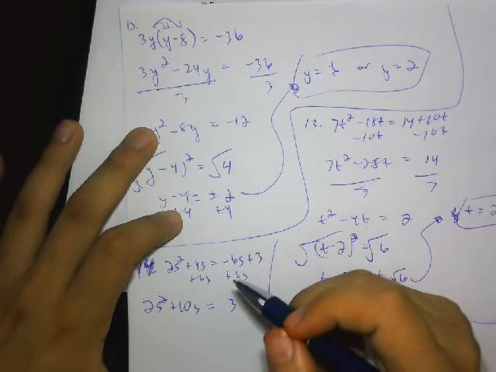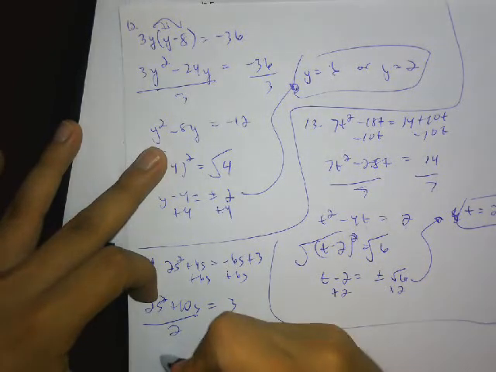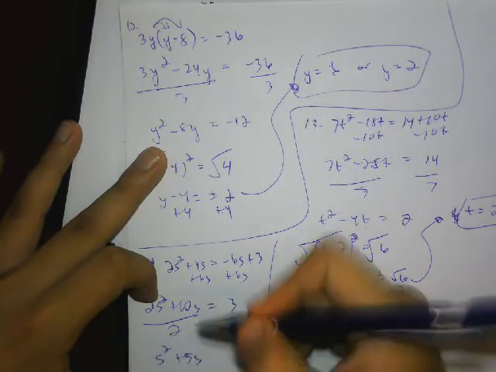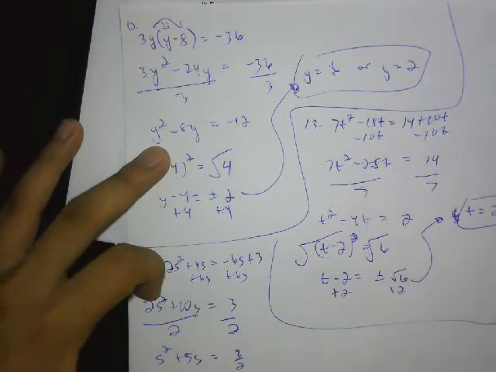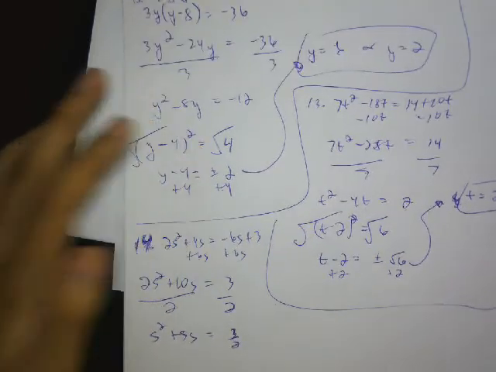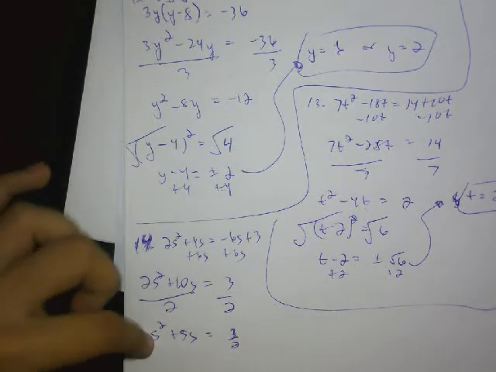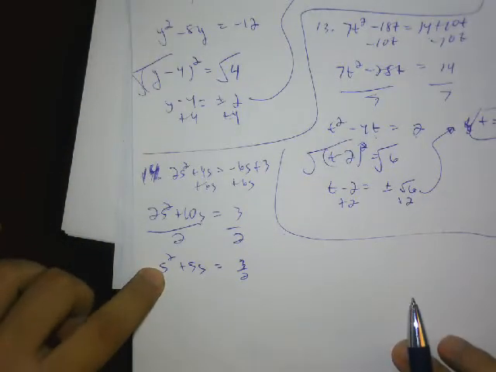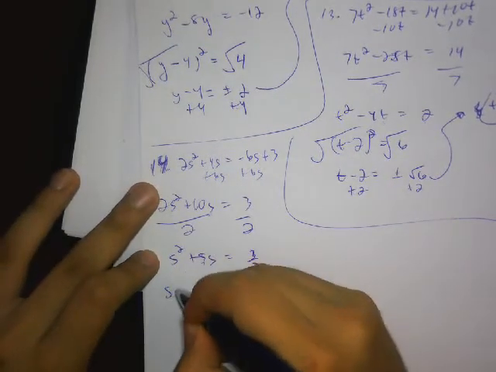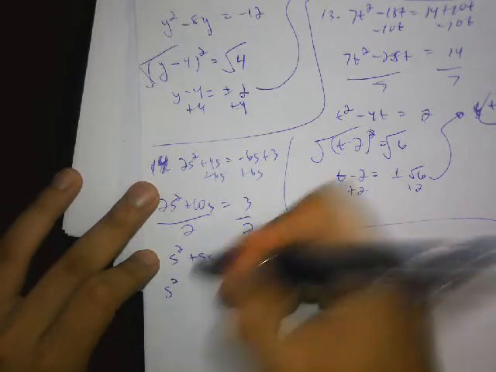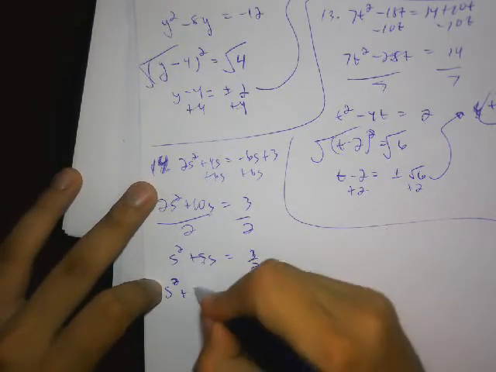Alright, now we're going to complete the square here. So here I'm actually going to have to write out because we have fractions now. So s squared plus 5s, and we're going to see what we get when we complete the square, equals 3 over 2, and we're going to add the same thing to both sides. So 5 over 2 squared is equal to 25 over 4.